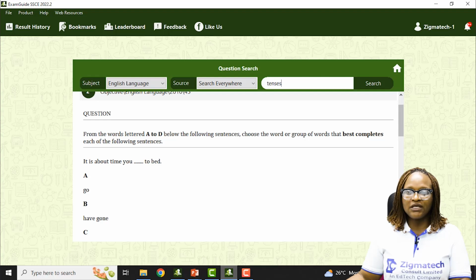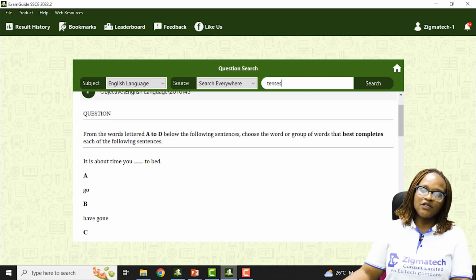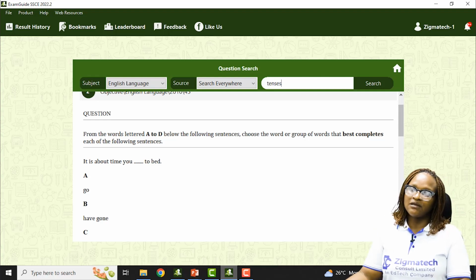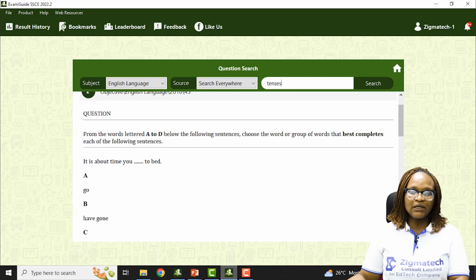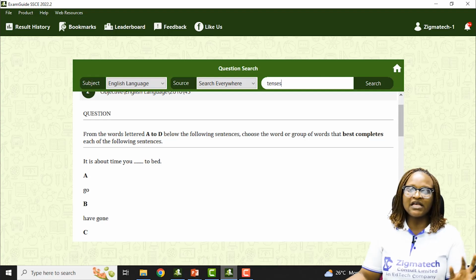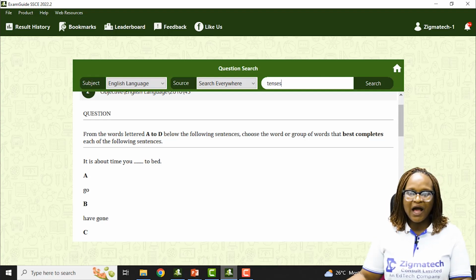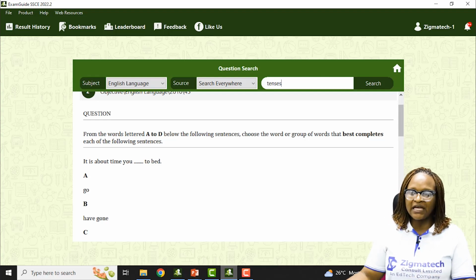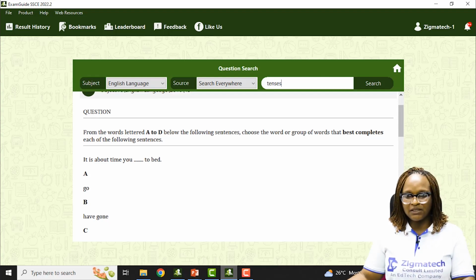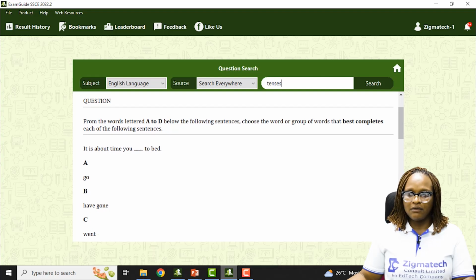So question 1 says, it is about time you dash to bed. Now, this very sentence seems to pose a lot of problems. Anytime you have "it's about time" or "it's high time", you go for the past tense of that verb.